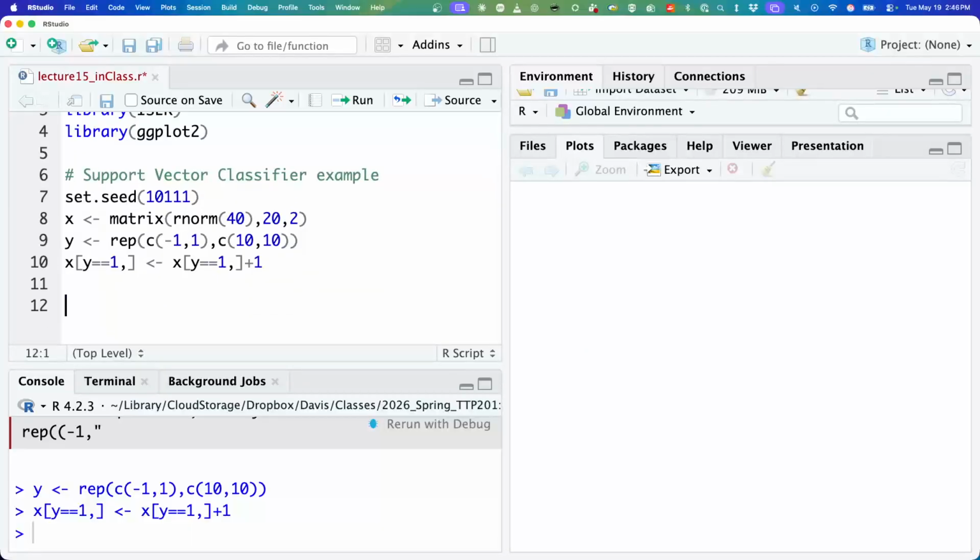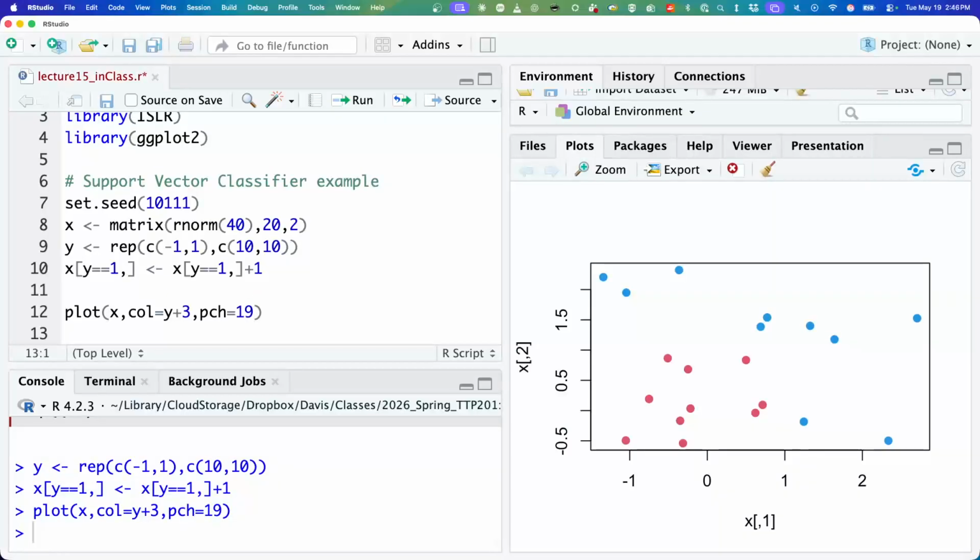So if I plot this, we should look something like this. So we'll have points designated into our two classes, blues and reds, negative ones and ones, basically.